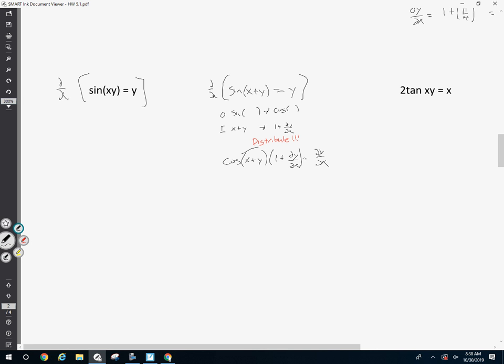Distribute cos of x plus y to both of those. Watch what happens. The parentheses and the multiplication go away, and we will be able to manipulate what's left over. Now, move things to one side. It doesn't matter which side you move it to, just don't be afraid if your answer is opposite of my answer. I'm going to move it to the right side so I don't have to move two things.